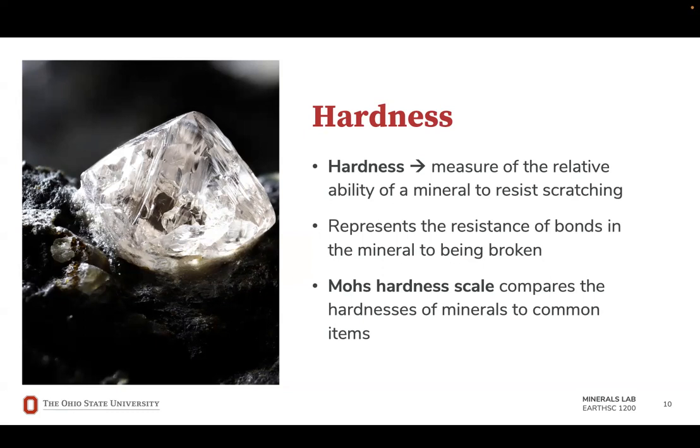The scale, where 1 is the softest and 10 is the hardest, lists 10 index minerals that represent each number on the scale. The softest index mineral is talc, while diamond is the hardest. Note that hardness does not increase uniformly as the number increases. For example, a diamond is more than 10 times harder than talc.